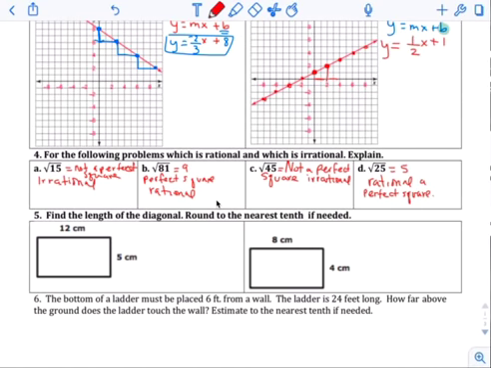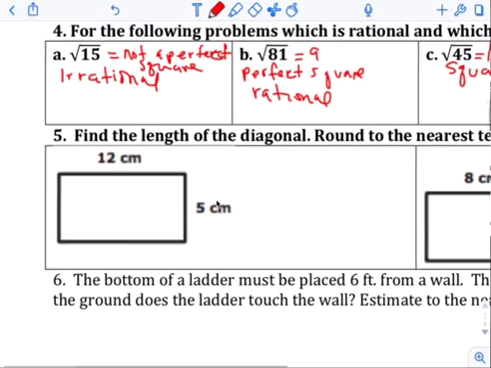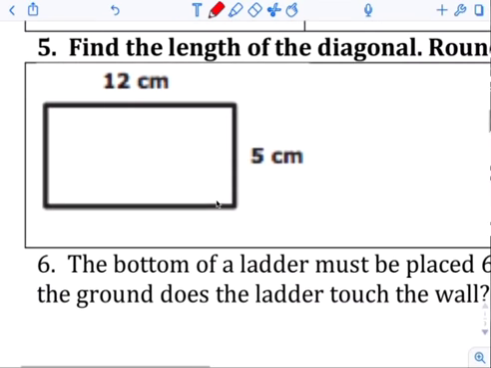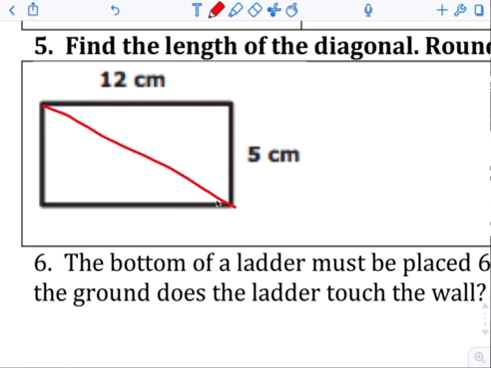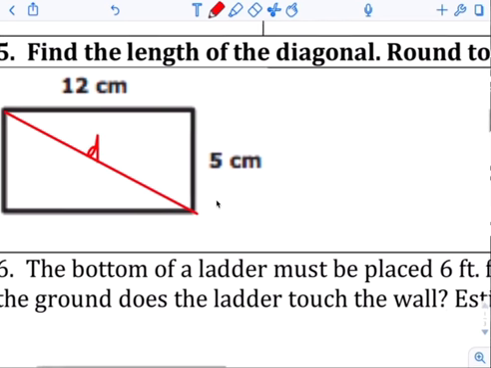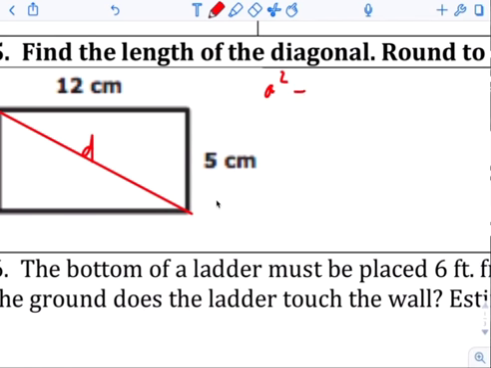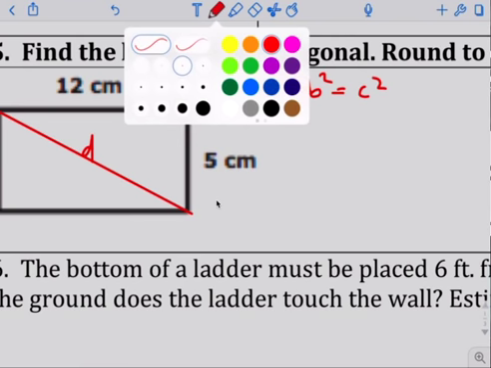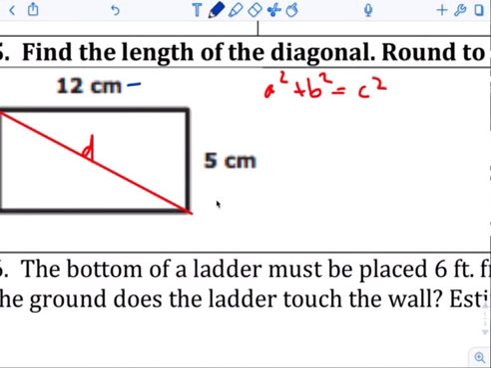Find the length of the diagonal, round to the nearest tenth if needed. Okay, the length of the diagonal. Find this length, round to the nearest tenth if needed. Okay, so we want to find this diagonal. A squared plus b squared equals c squared. 12 squared plus 5 squared equals the diagonal squared.